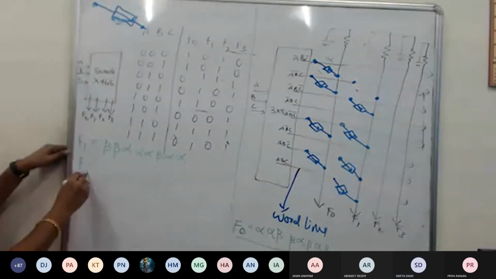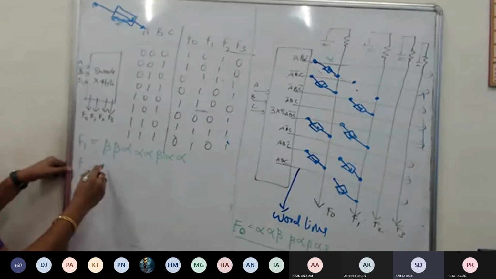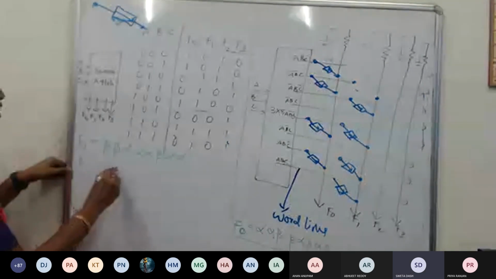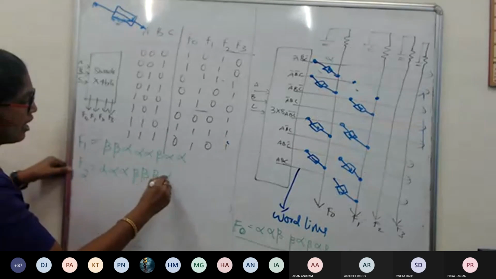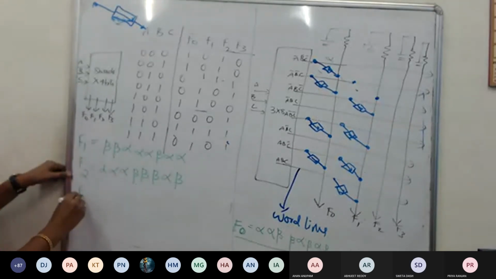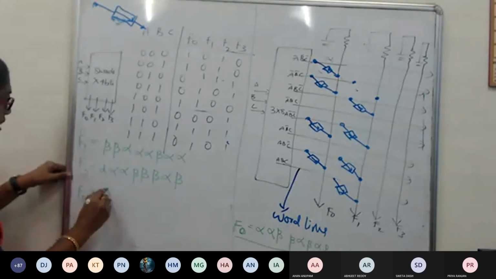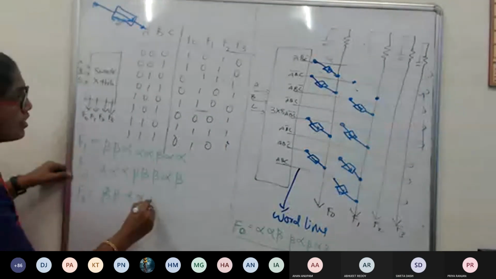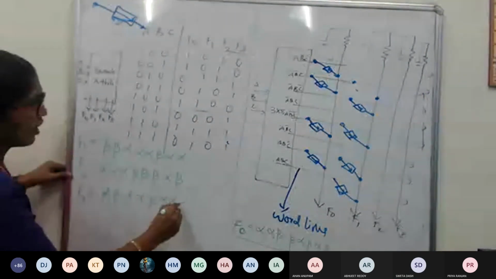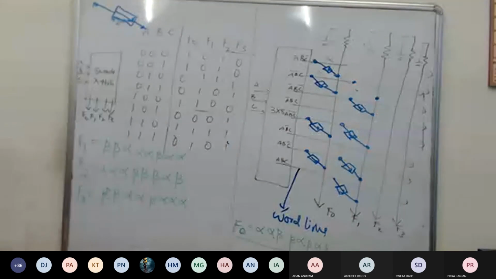Now F2. F2 is what? Alpha, alpha, alpha, beta, beta, beta, alpha, beta. Right? F3 is what? Beta, beta, beta, alpha, alpha, beta, alpha, alpha, alpha.